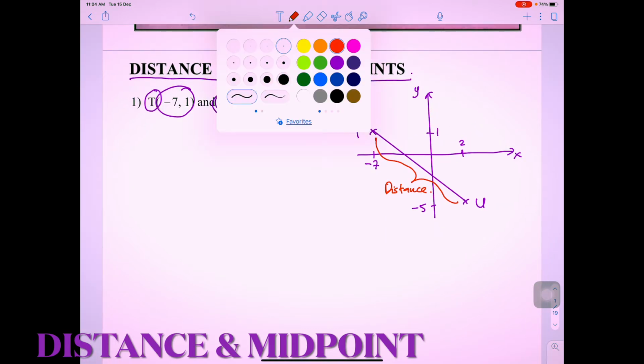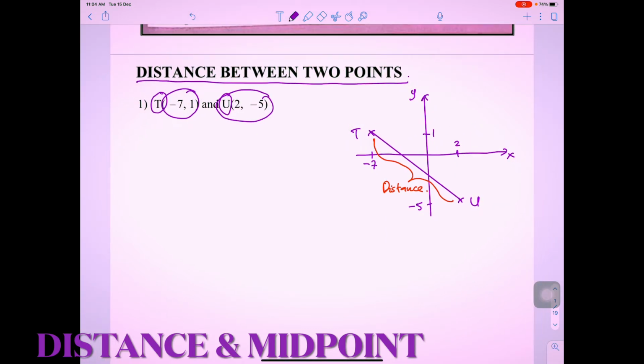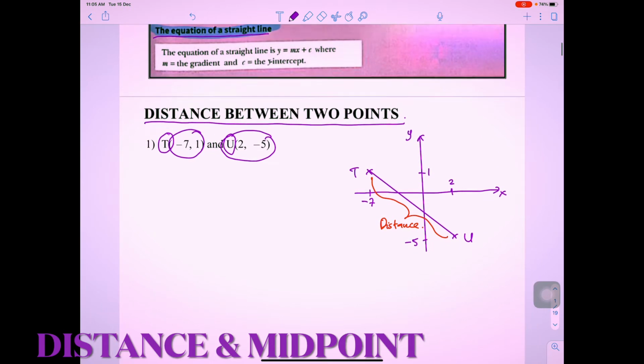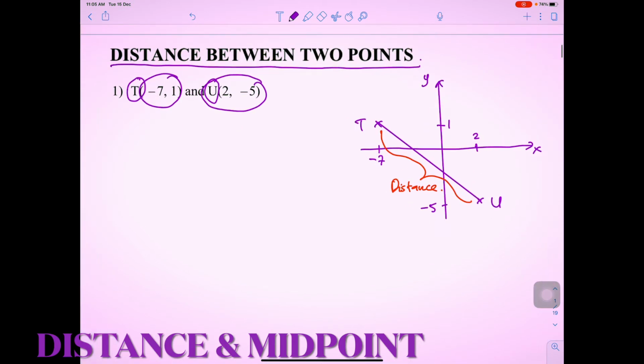So what is the formula of the distance between 2 points? The formula to find the distance between 2 points is D equals square root of (x2 minus x1) squared plus (y2 minus y1) squared.